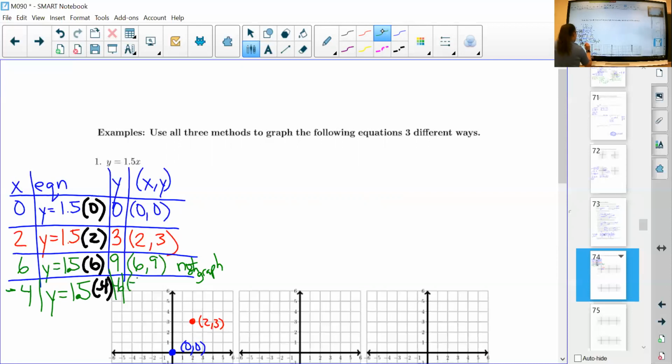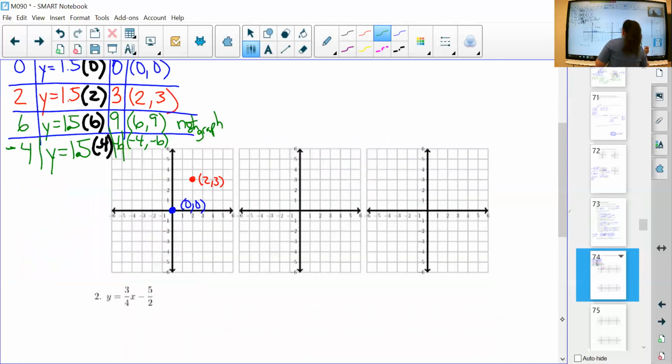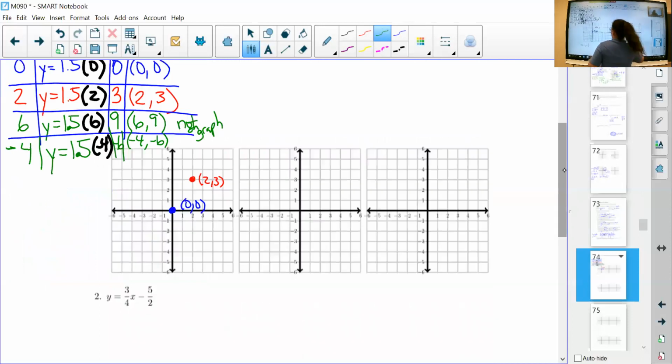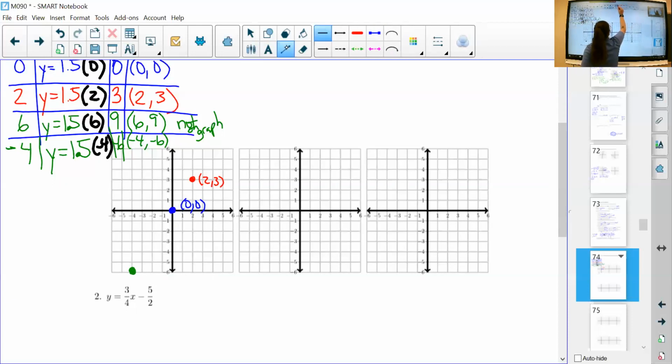And I have the point -4, -6. That's going to fit on my graph. So left 4, down 6. I have a point right here. And yes, those do look like a straight line. Let's draw a straight line between them.